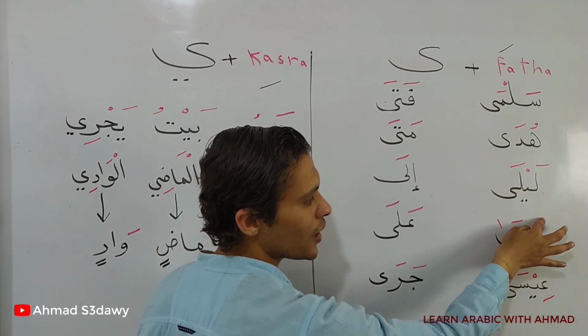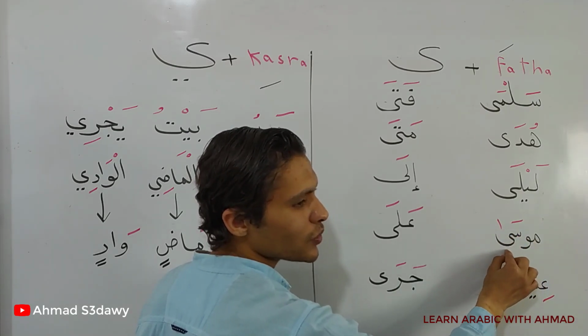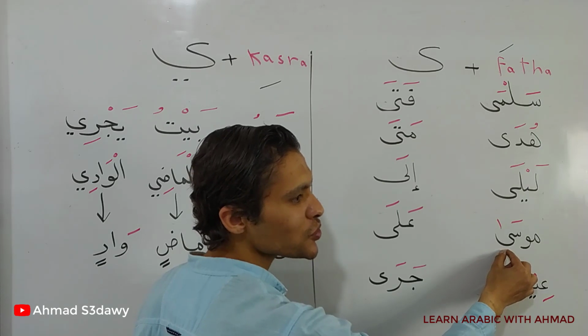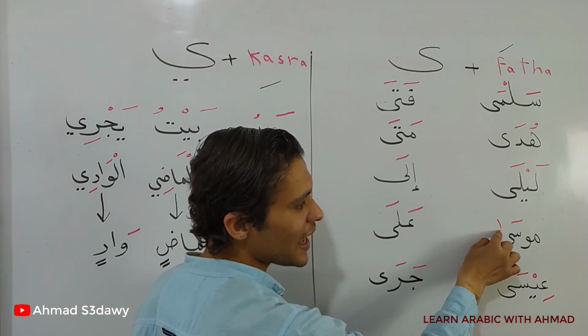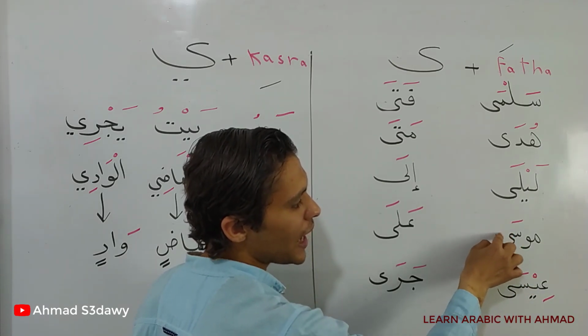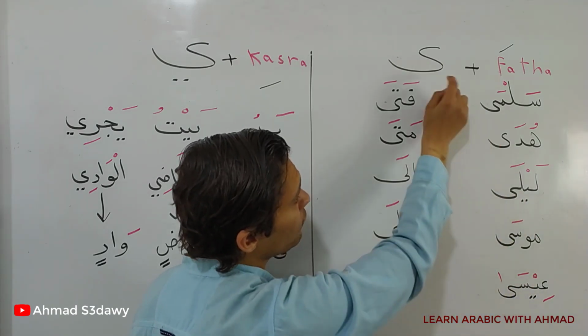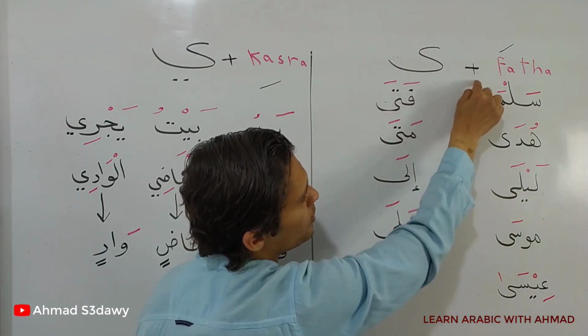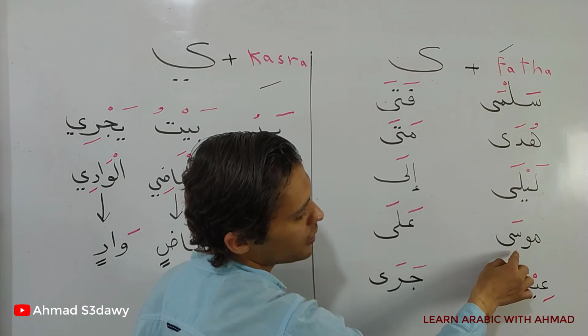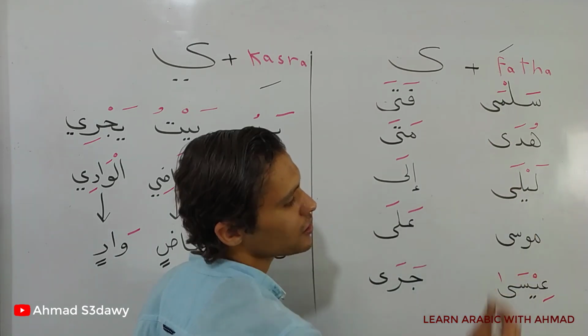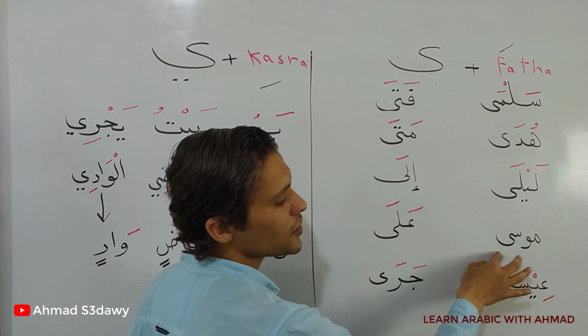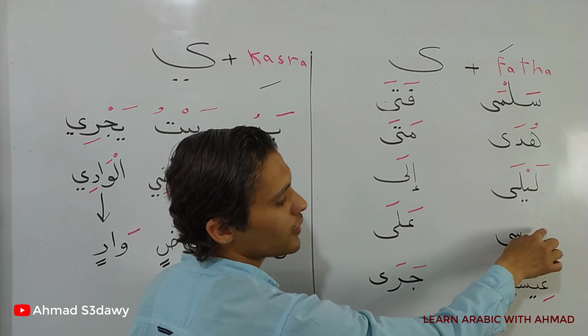You know this, so you do not have to write it. And this is not a Real Yaa, it's Alef Maqsoura. So of course it is Alif, so you do not have to write it. And if it's Alef Maqsoura, of course it is preceded by a letter that has Fatha. So the sin has Fatha, so you do not have to write it. So of course it's clear that it's Musa without writing the vowels.